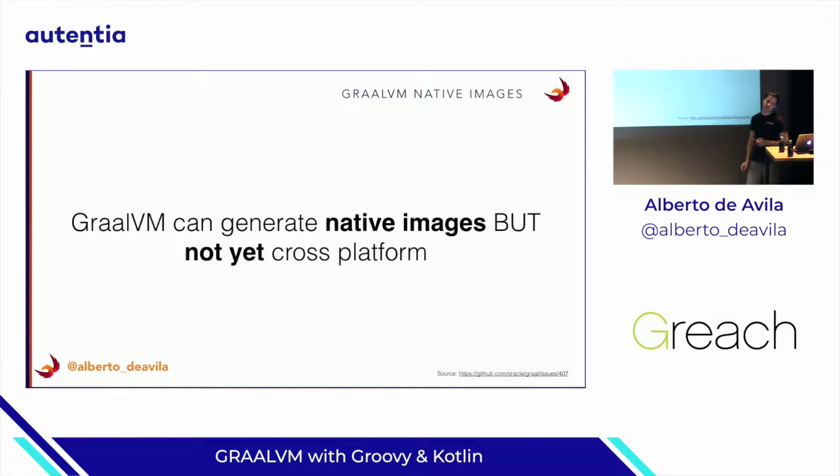GraalVM can generate native images, but not yet cross-platform. This means that if we generate an image, for example, in Linux, it will not work on Mac. For Windows users, call Oracle to request support.